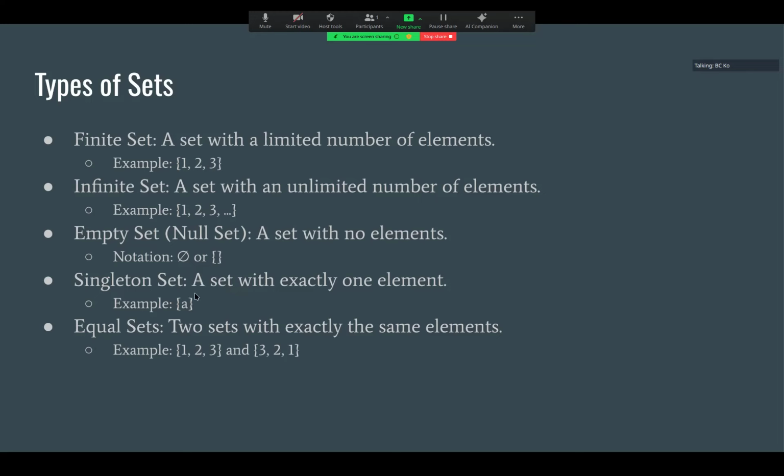Finally, two sets are considered equal if they contain exactly the same elements. For example, the sets {1, 2, 3} and {3, 2, 1} are equal because they contain the same elements. So the order does not really matter.